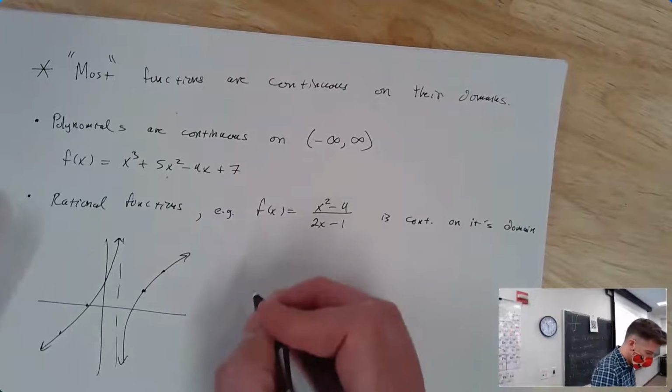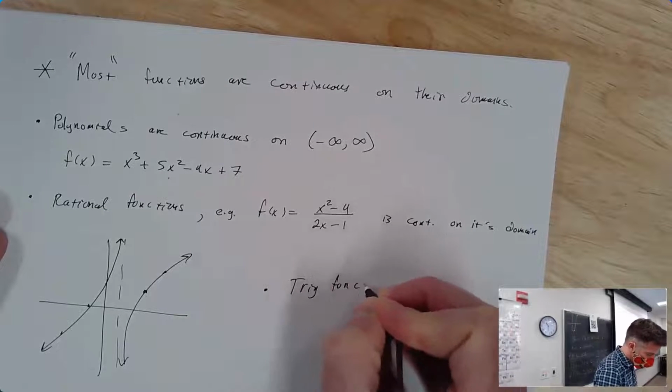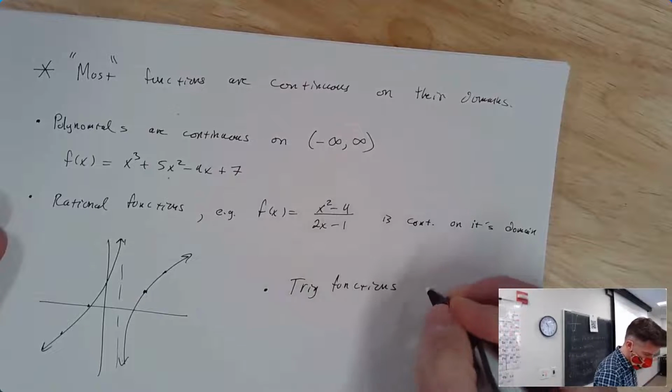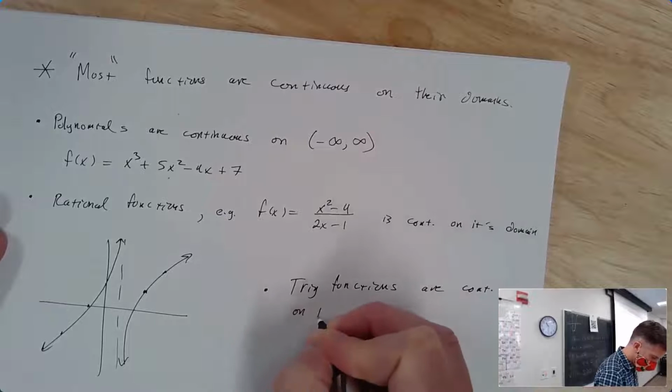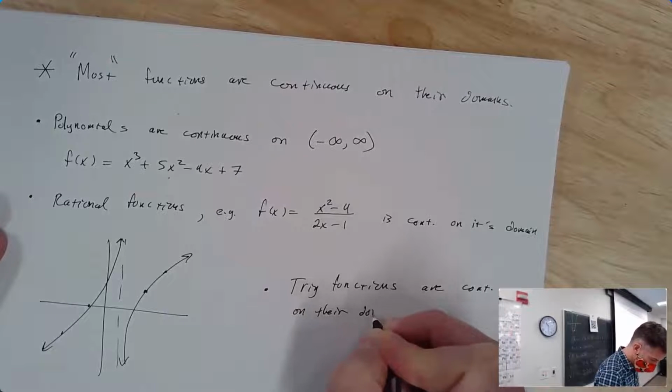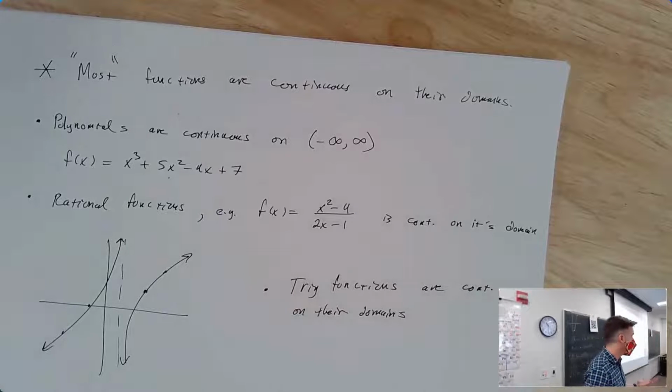So just a real quick list of the rest of them. Trig functions, all of them are continuous on their domains. That means that sine and cosine are continuous everywhere, because they're defined everywhere. And tangent, cotangent, secant, and cosecant are continuous everywhere except for where they're undefined, so except for at their vertical asymptotes.